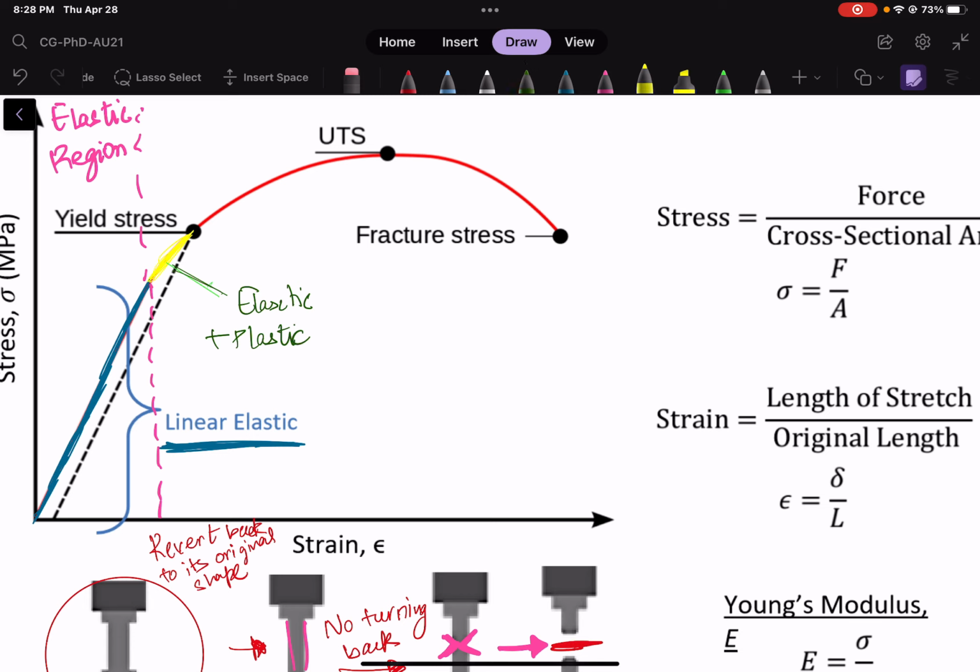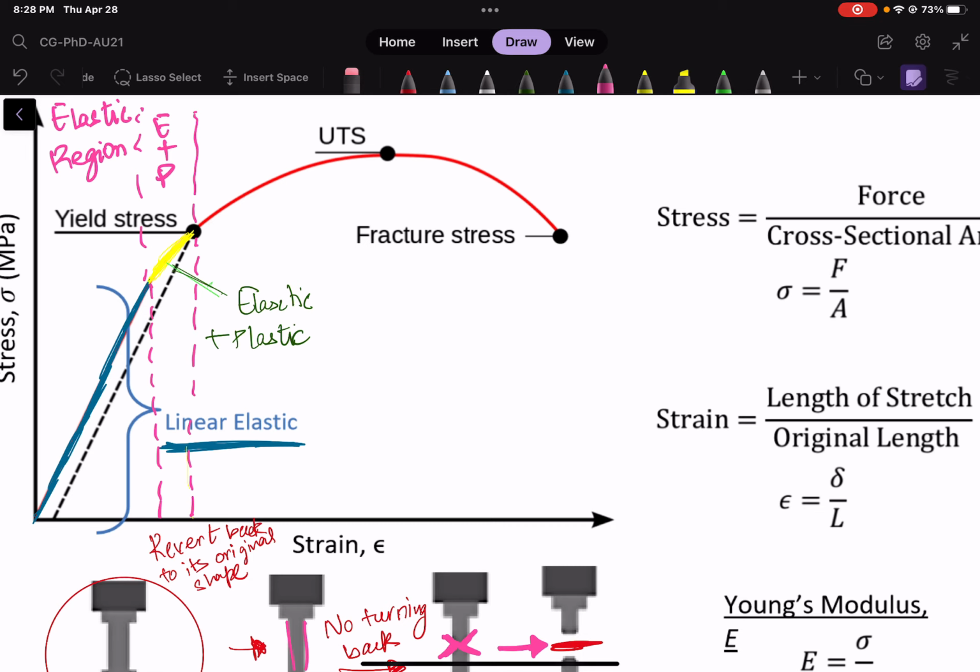So some elastic deformation is still happening, but the plastic deformation has started to take place. You can draw another line over here, dotted. So this is E plus P, elastic plus plastic.